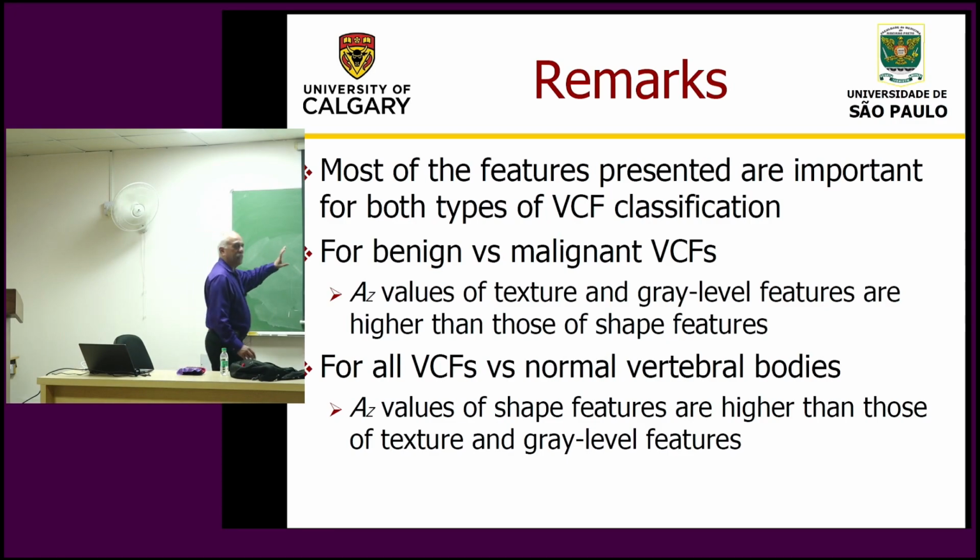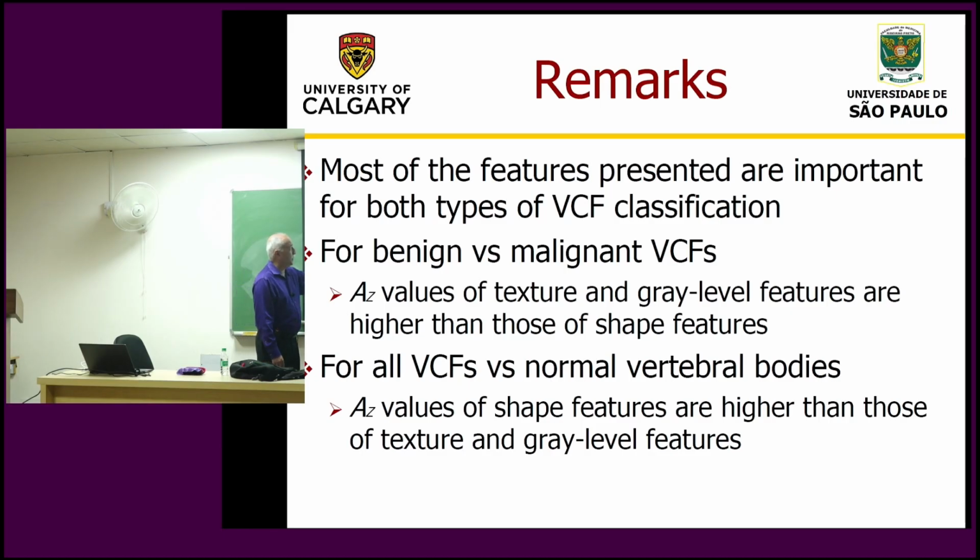So most of these features that we have used in this project are important in the sense they have been selected through feature selection methods and they have contributed to pattern classification accuracy. For benign versus malignant VCF classification, the area under the ROC curve values of texture and gray level features are higher than those for shape.